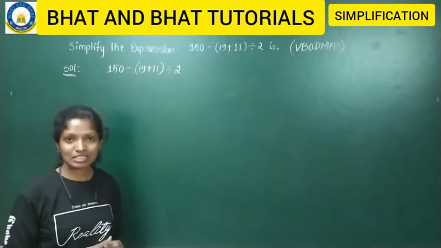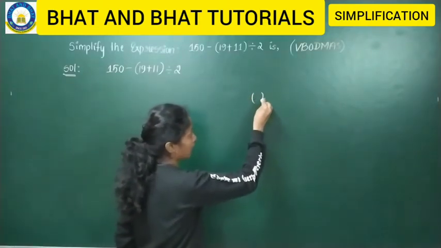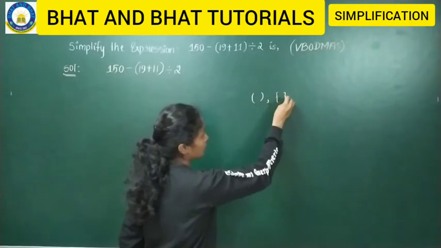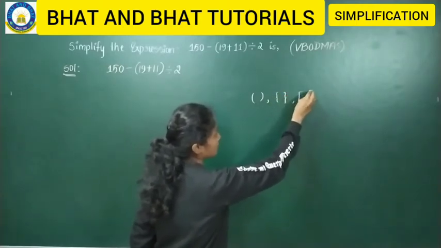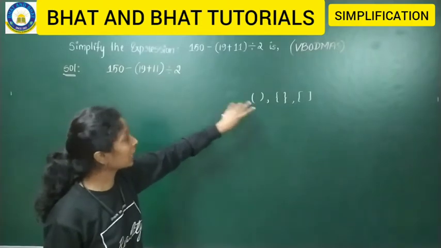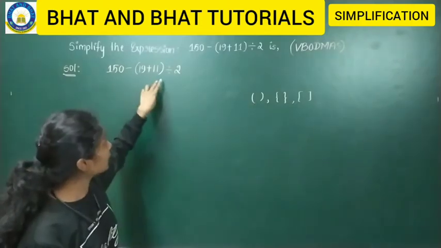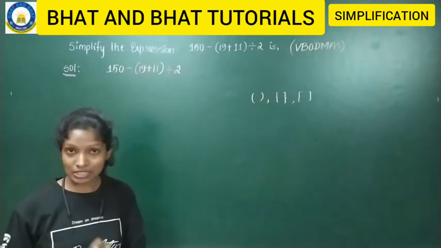In brackets we have three types: circle bracket, flower bracket, and square bracket. In the question we have a circle bracket, as you can see in between 19 and 11.